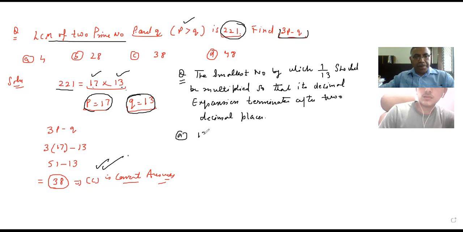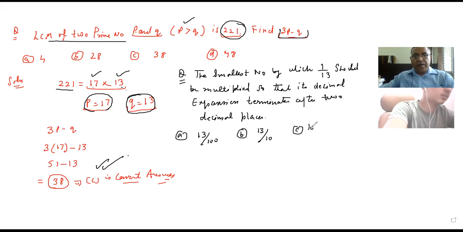A: 13 over 100, B: 13 over 10, C: 10 over 13, D: 100 over 13.